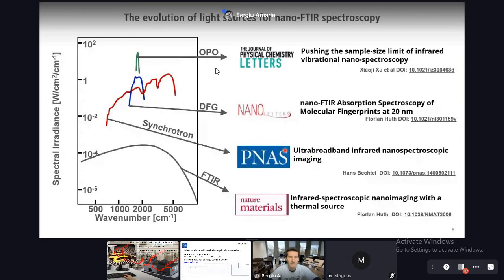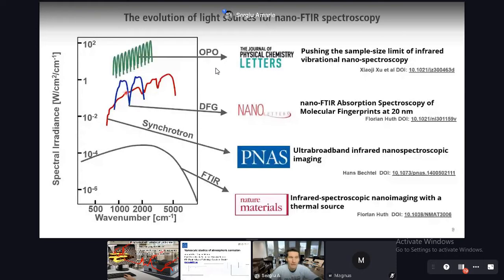In this graph, it is very obvious that the more light you can focus on the tip, the narrower becomes the spectrum. And this is the challenge we have to face: how to focus enough light and still have the whole IR spectral range covered.